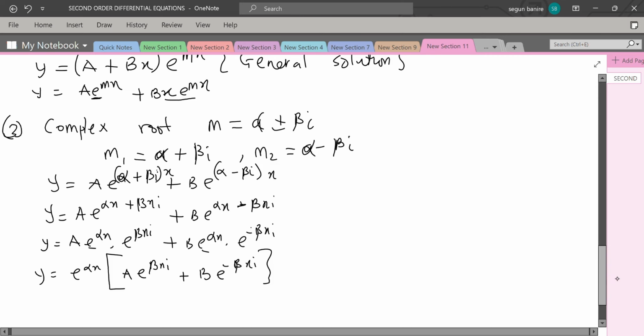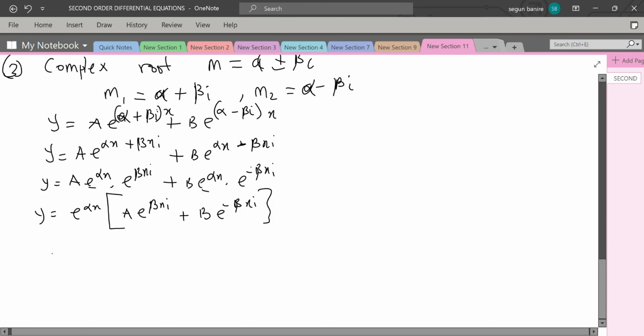Now there is something you need to know in mathematics. There is e^(iθ), and this exponential has a formula: cos x plus i sin x. So if I now have e^(iβx), what it means is that in place of x, just put βx.